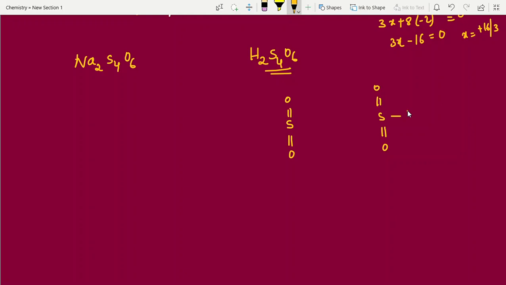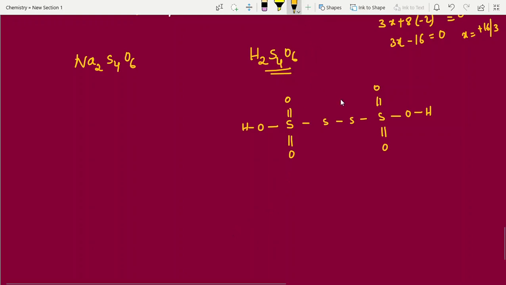Here 2 oxygens connected with 2 hydrogens. That's it. Now see how many sulfurs here? 4. 2 gone. And how many oxygens here? 6. 1, 2, 3, 4, 5, 6 gone. 2 hydrogens gone. What is left out is sulfur. This is the sulfur connection. Clear, students? Same thing.